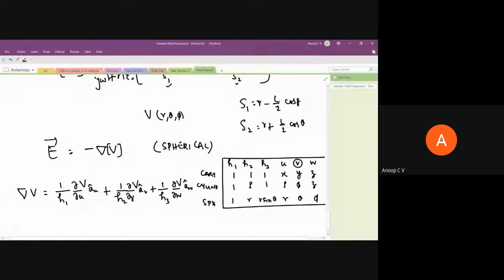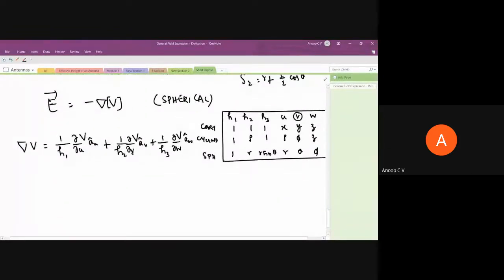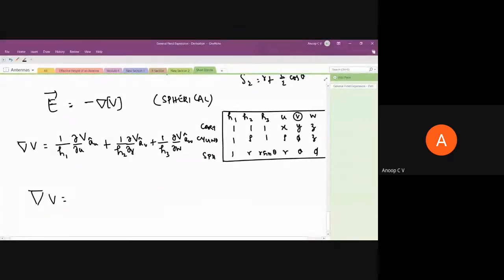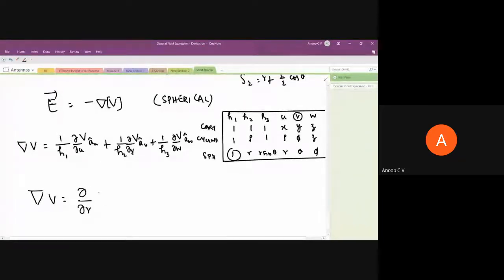So if you write it in spherical, it will be more clear. Del of V in spherical is 1 by H1, and H1 is 1, so 1 by 1 is 1. So dou by dou U of V becomes dou by dou R of V along aR cap, plus 1 by H2.